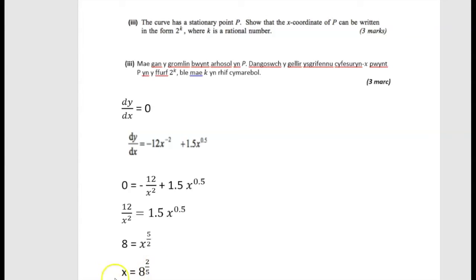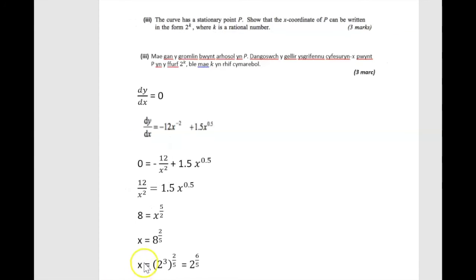So x is 8 to the power 2/5, but we know 8 is 2 cubed, so we've got 2 cubed all to the power 2/5, so we multiply the powers together, and this is 2 to the power 6 over 5. x is 2 to the power 6 over 5, which is a rational number, so k equals 6 over 5.